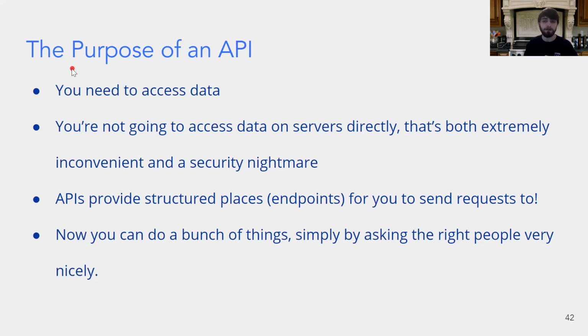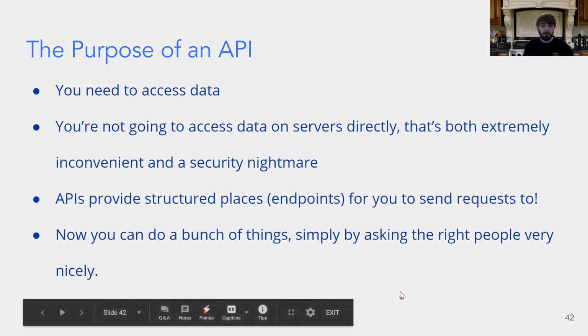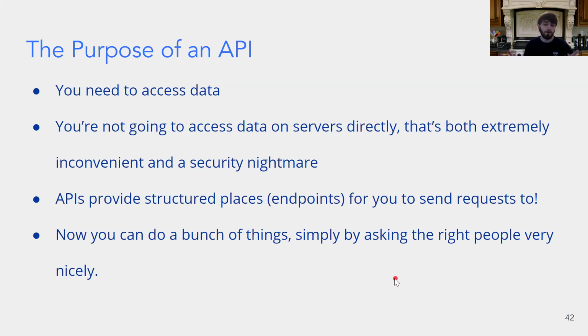That's inconvenient and not really great for all the security people that work at Google. So the whole point of these APIs is that they provide these structured places, endpoints, that you can send requests to. And so now you can do a bunch of really cool things by simply asking the right people in a nice way. You can send them requests.